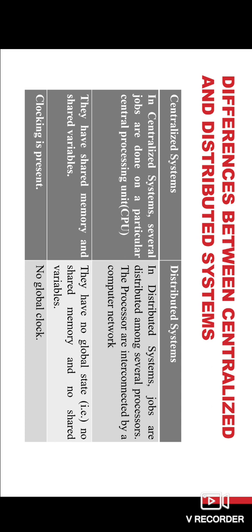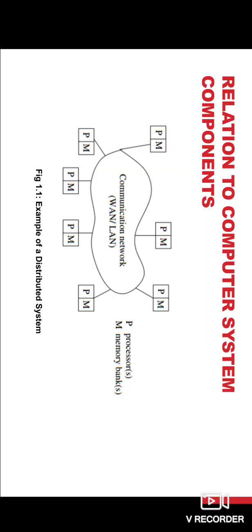In a centralized system, we can have shared memory and shared variables, whereas in a distributed system, we cannot maintain shared memory and shared variables, and we cannot have a global state also. In a centralized system, we can have a physical clocking facility, whereas in a distributed system, we cannot maintain a single clock. So we have no global clock.